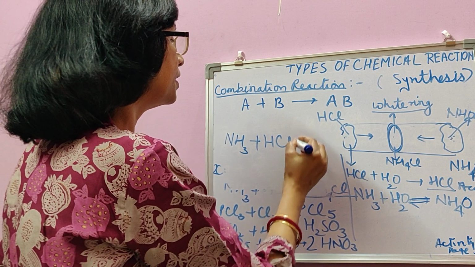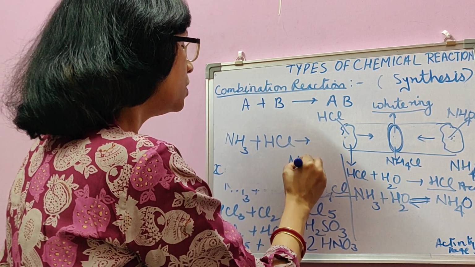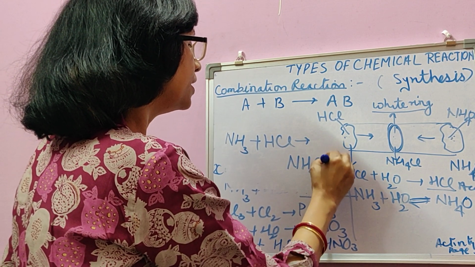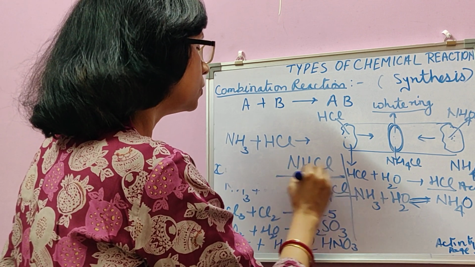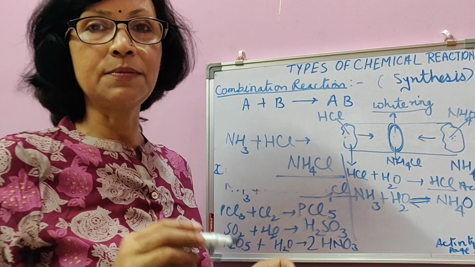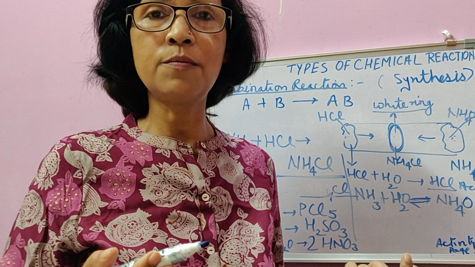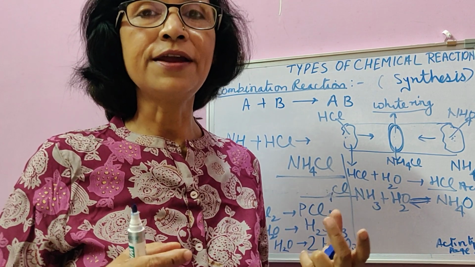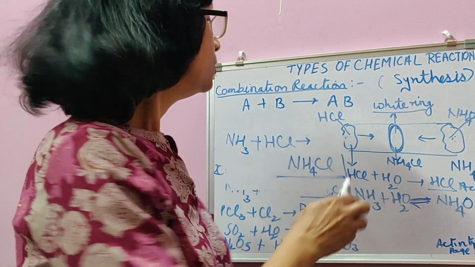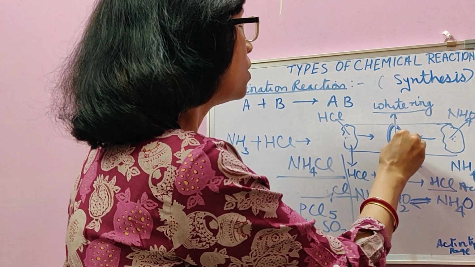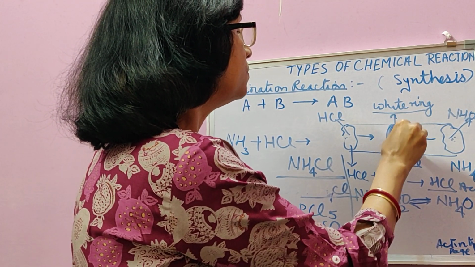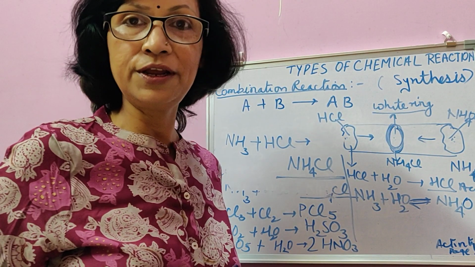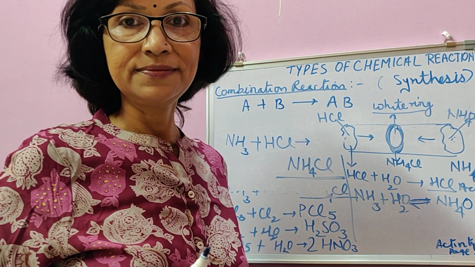In the center they get combined and form a white ring of gaseous ammonium chloride. Ammonium chloride, a sublimable solid in gaseous form, looks like white gas or white fumes. So a white ring is formed, which is a demonstration of a combination reaction.